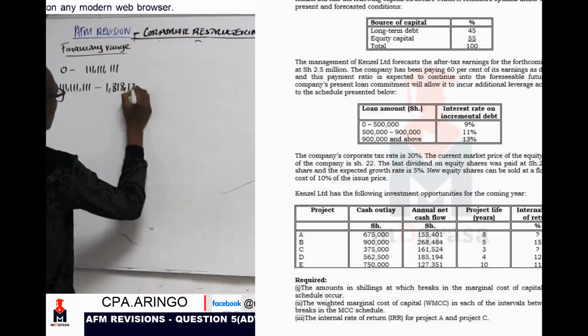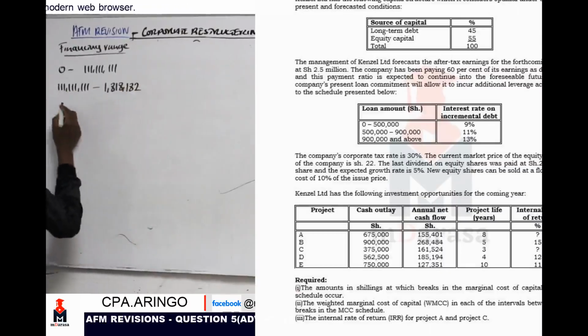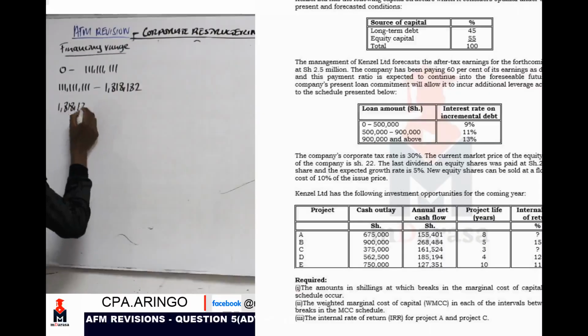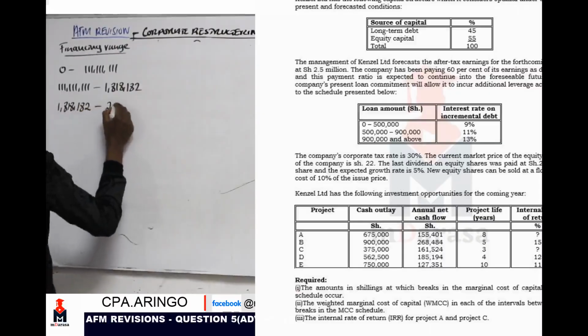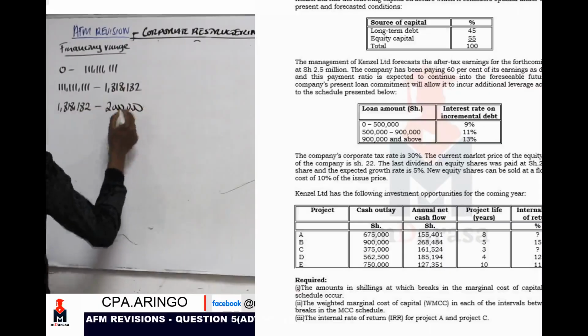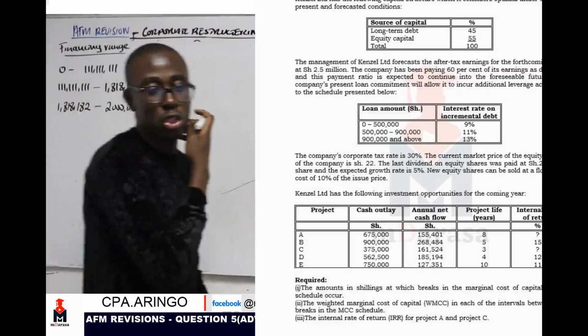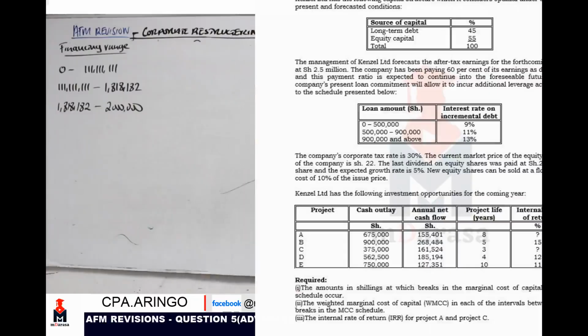Remember, this was the breakpoint in relation to equity. Then 1,818,182 to a maximum of 2 million. That is our financing range.